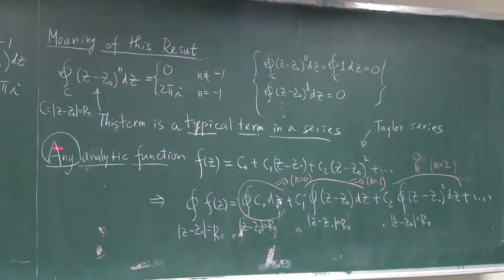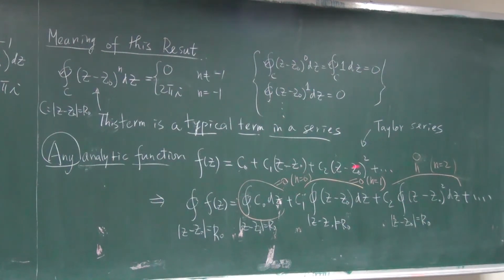We are saying any arbitrary function can be expressed in this way. We are not talking about a very special function. We are talking about infinitely many functions. Any function which is analytic can be expressed in this way.